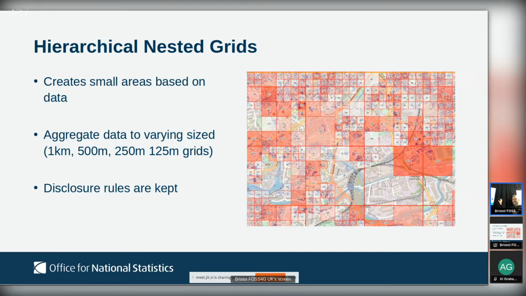So this is the kind of output that we're looking for, with densely populated areas in the small grids and sparse populations in the larger grid cells. At the moment we are working in a range from 1 kilometer down to 125 meter grid cells, and in each level these disclosure rules are kept.